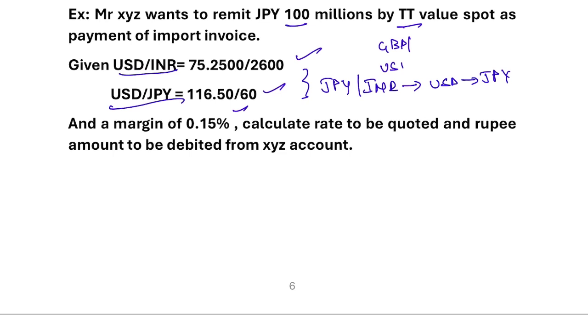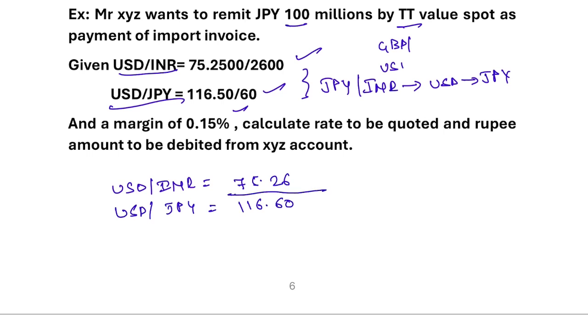There is no confusion. USD by INR, the selling rate is 75.26. USD by Japanese yen, the selling rate is 116.60. Got it? So we will divide these two.